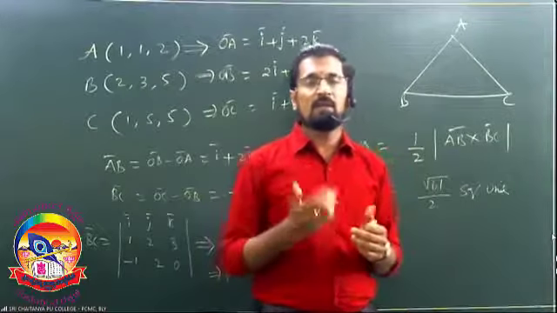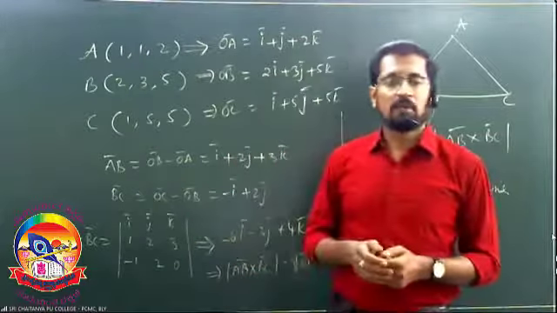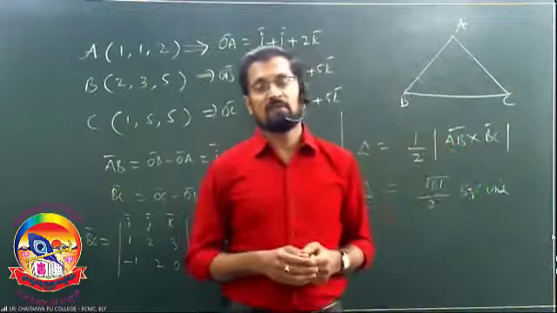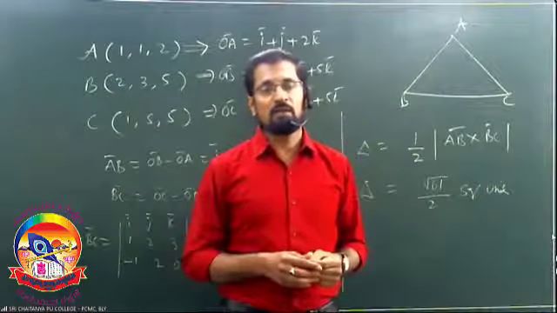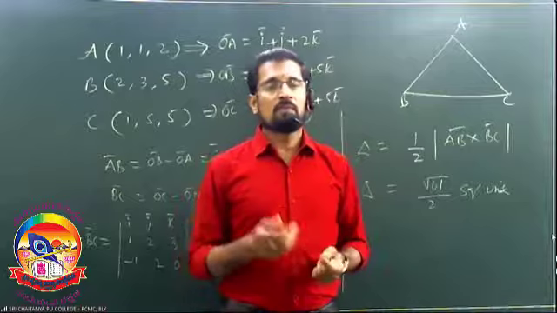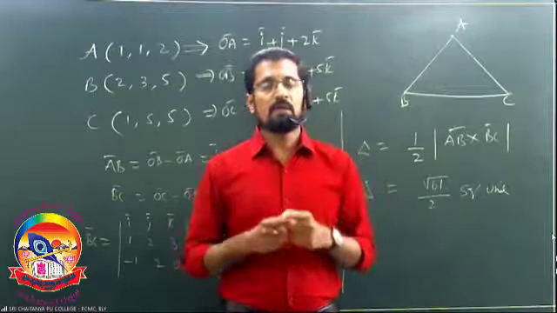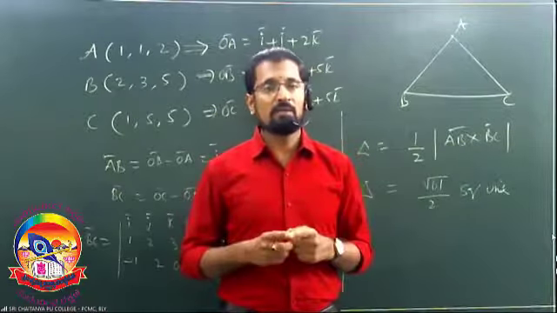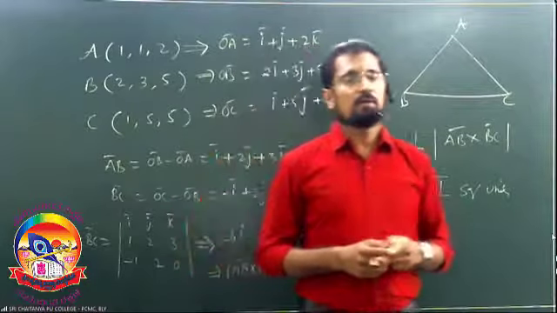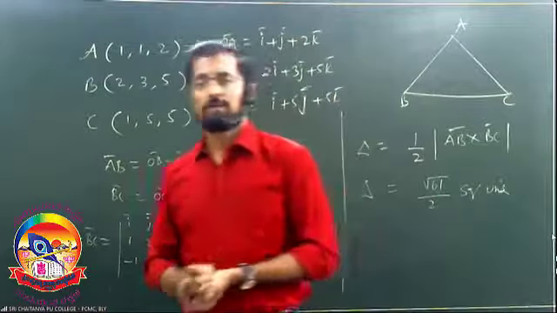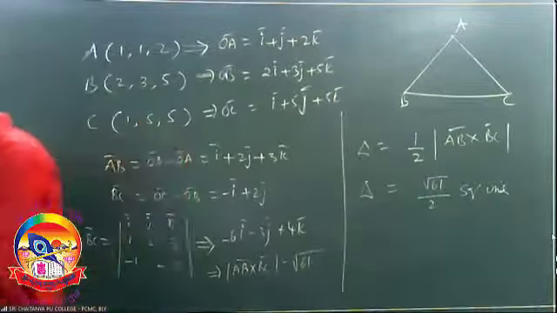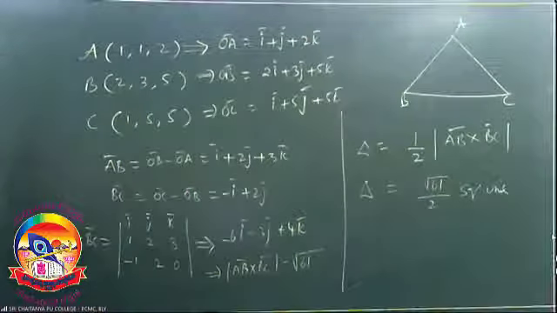So after finding AB bar, like OB bar minus OA bar, and AC bar, OC bar minus OA bar, even you can do 1 by 2 into magnitude of AB bar cross AC bar. They are also the same value. Copy this one slowly.